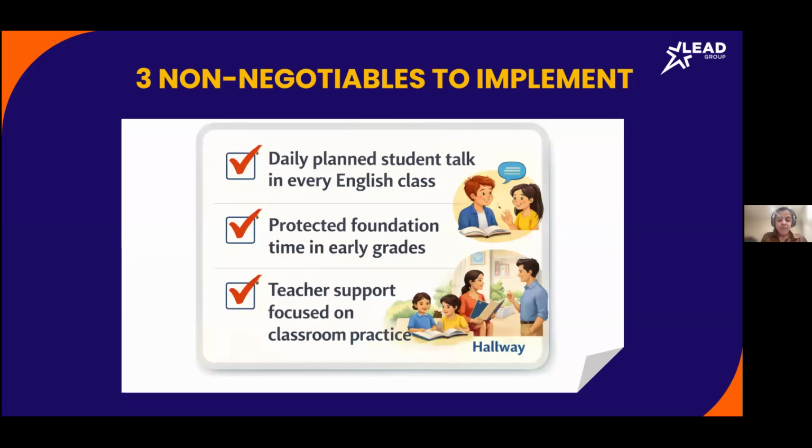So basically, we focused on building foundation skills in early grades, in pre-primary and primary. What does that mean? Having phonics and vocabulary instruction in the early grades. This would ensure that students get to reading faster. Phonics is a systematic way in which reading is built in students, through which they learn how to decode words and letter sounds.